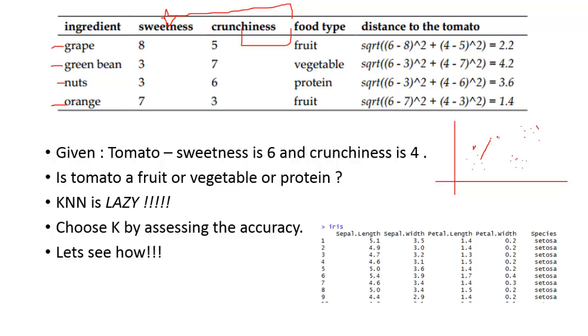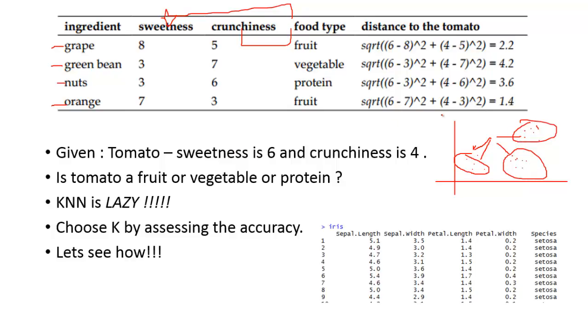Next it measures nuts, which is 3.6. With orange it measures 6 minus 7 and the distance is 1.4, because this is a fruit cluster, this is a protein cluster, and this is a vegetable cluster.